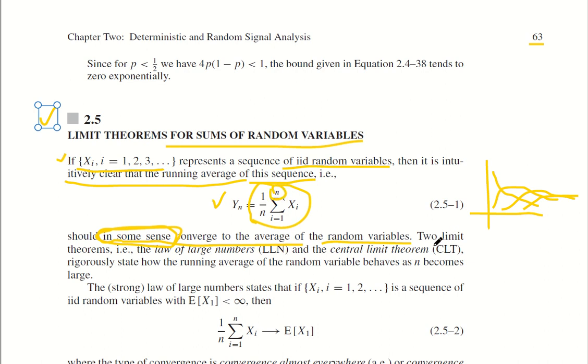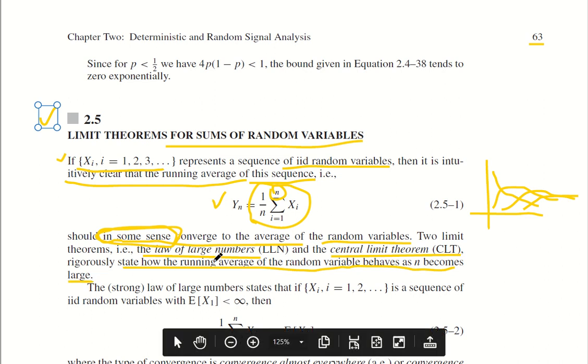Okay, so two limit theorems, that is the law of large numbers and the central limit theorem, state how the running average of random variables behaves as n becomes large.